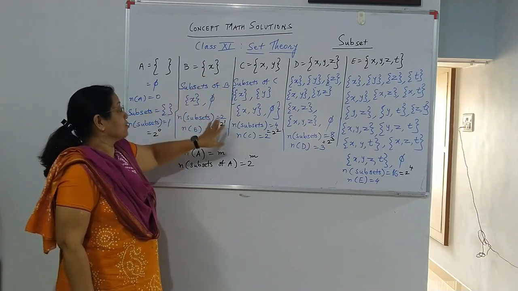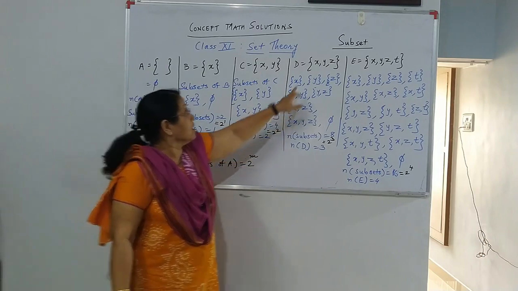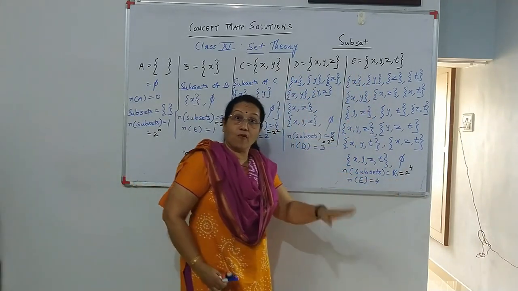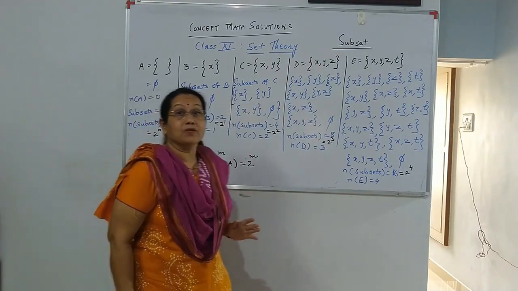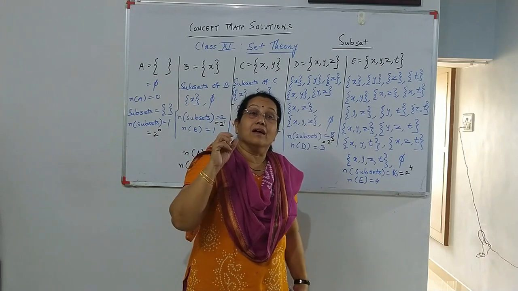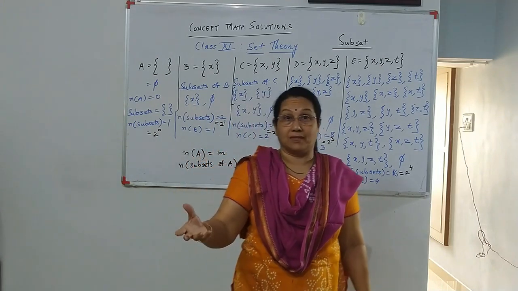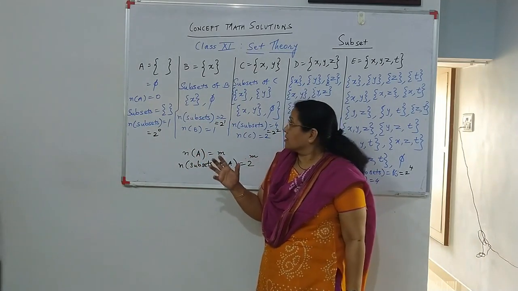So 1 element, so 2 to the power 1. 2 elements, so 2 to the power 2. 3 elements, so 2 to the power 3. 4 elements, so 2 to the power 4. And 0 elements, so 2 to the power 0, like this. Suppose you have a set with, say, 20 elements, so it will have 2 to the power 20 subsets. Now, that is about the number of subsets.